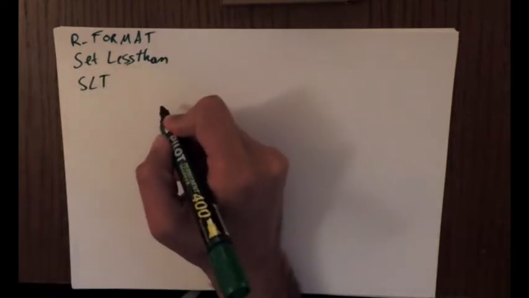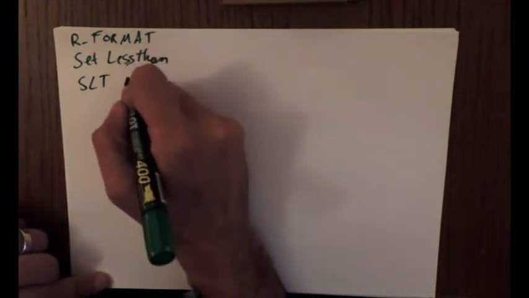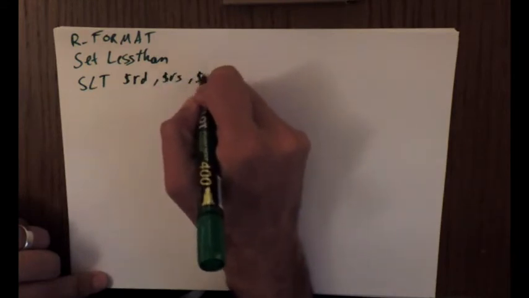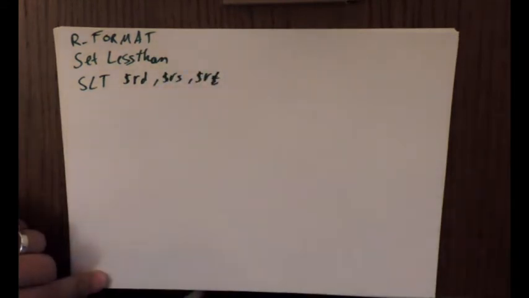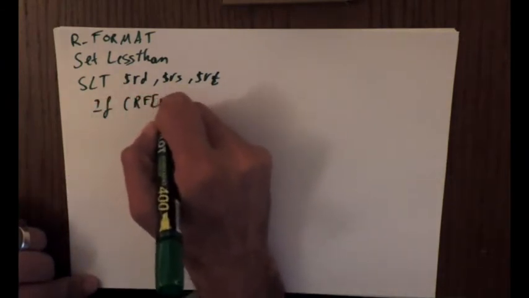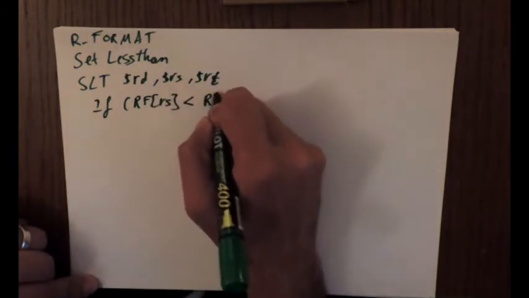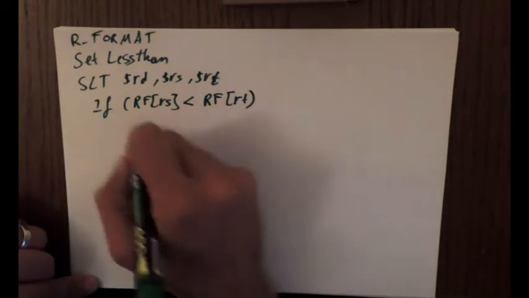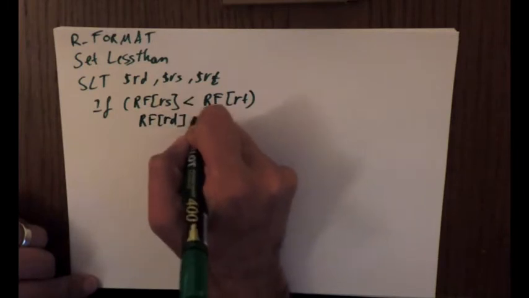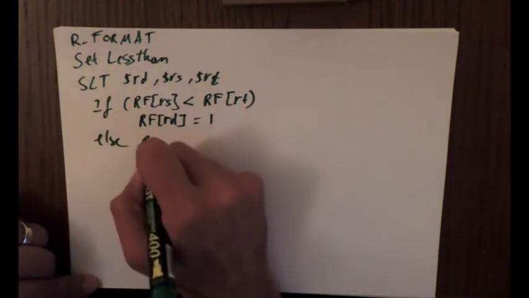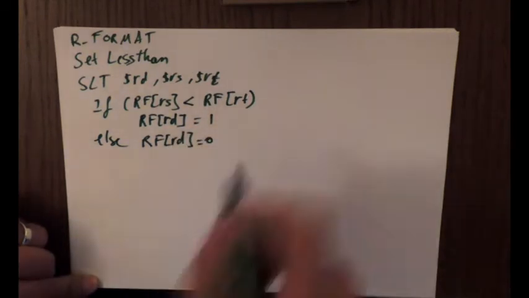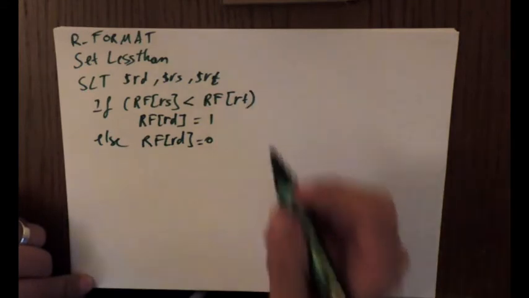So set less than is an R format instruction that takes three registers, RS, RT, and RD, and what it does is if the register file of RS is less than the register file of RT, then register file of RD is equal to 1, else register file of RD will be equal to 0. So this can come pretty handy when doing comparisons.